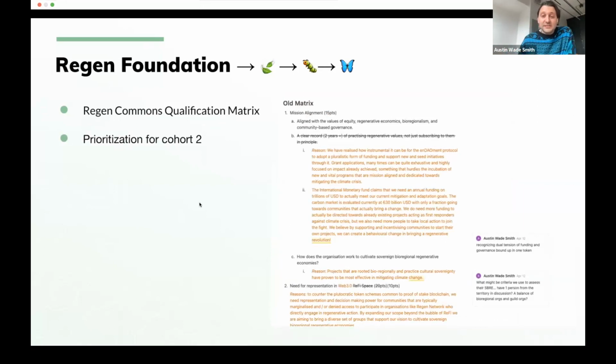The second part of that, which is active in this, I'm giving teasers for it, is to revisit the qualification matrix, the prioritization matrix we used to select different CSDAO candidates, and to amend those based off of the perspectives that we gained from the first round. And that will be the second public socialization process that we're going to implement on Hylo, to discuss and review the terms and criteria through which we measure to ensure that the regenerative community owns and governs Regen Network.